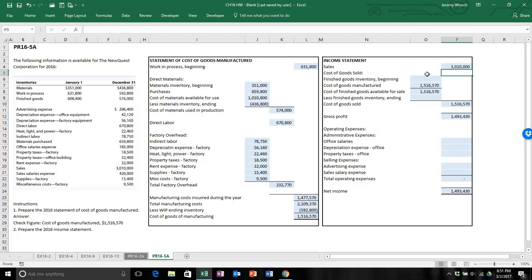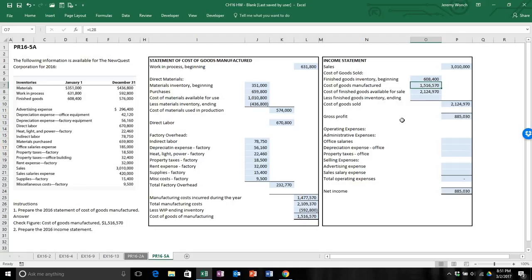Now we have to figure out a cost of goods sold. We know what our cost of goods manufactured was, because this comes over from our cost of goods manufactured sheet. First we need to figure out what we started our finished goods inventory with. We started with 608,400. So that's right here. We started with 608, we added 1.5.